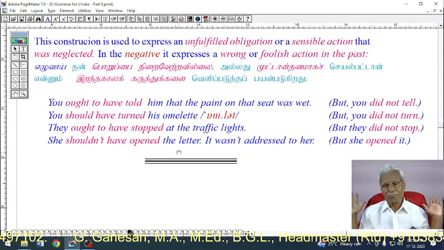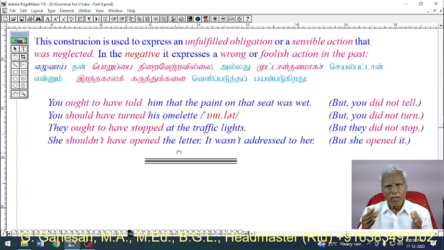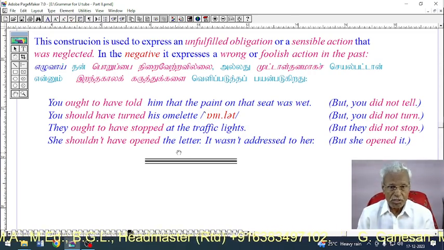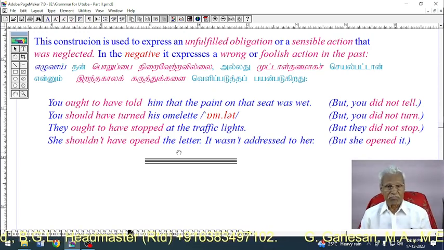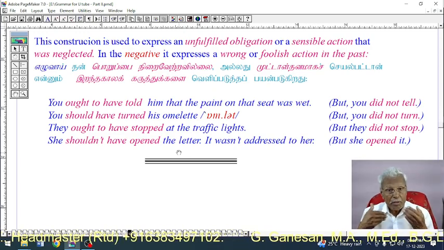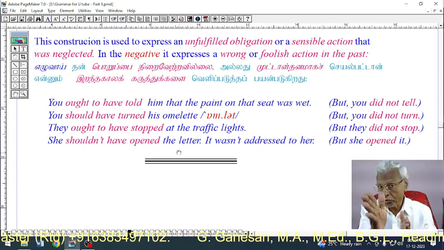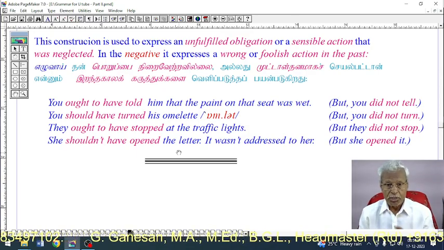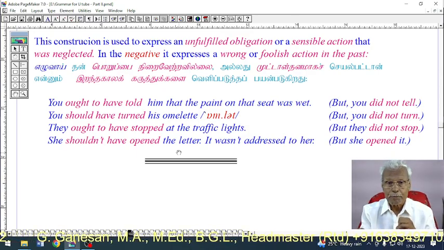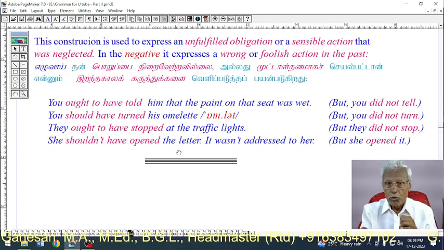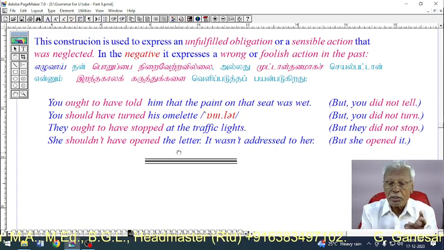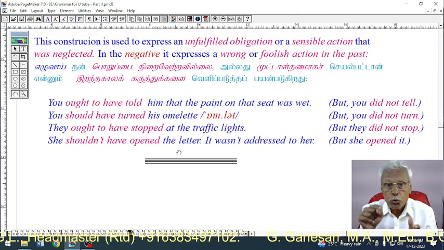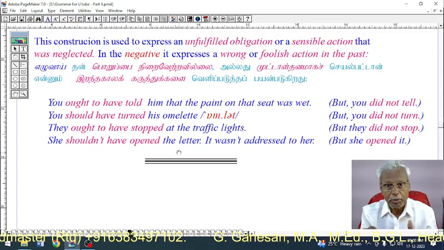That's all. Dear students, my dear brothers and sisters serving as teachers, it is my kind request. That is the use of should and ought in the continuous and perfect tenses. In the continuous tense, it is used when one thing that should be done at the time of speaking is not being done, and another thing that should not be done at the time of speaking is being done.